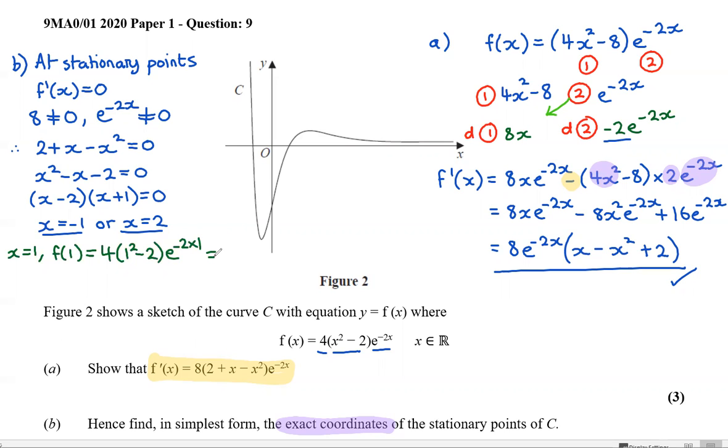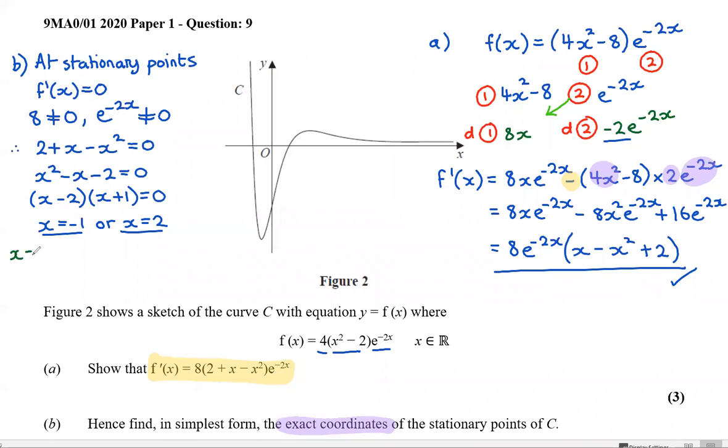Multiply that by 4, that's going to be -4e to the -2. And I've just realized I've put in the wrong value. Let me just restart that. I've put in 1 instead of -1. Let's try that again.